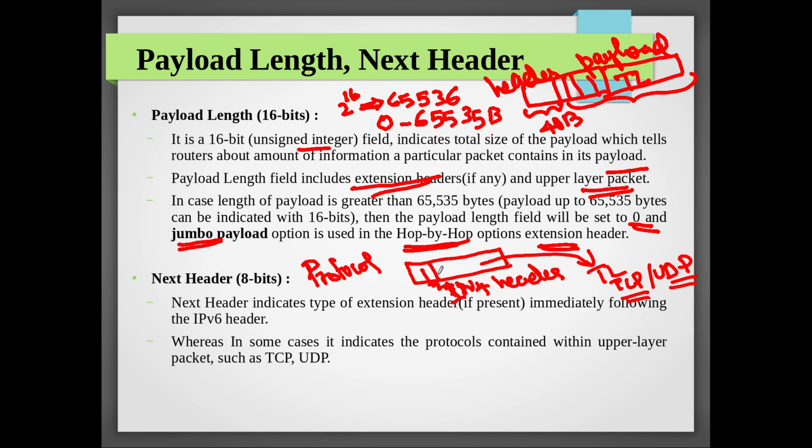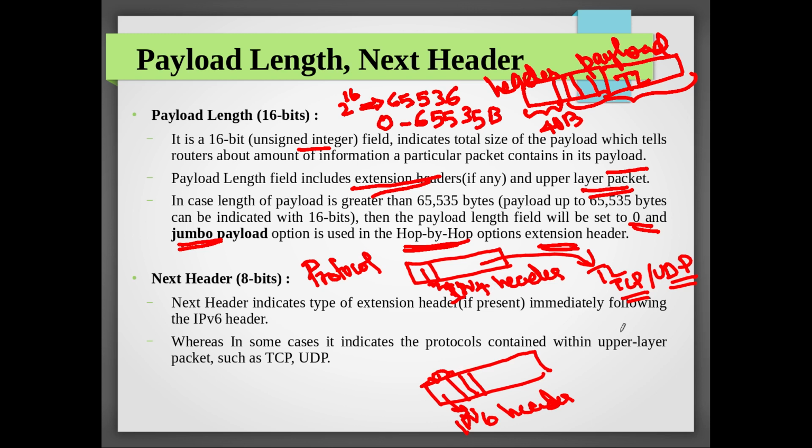Now if you are looking at an IPv6 packet, following the IPv6 header we have extension headers. You represent the protocol number of the extension header in the next header field. That is the main difference. If there are extension headers, you distinguish them by number.